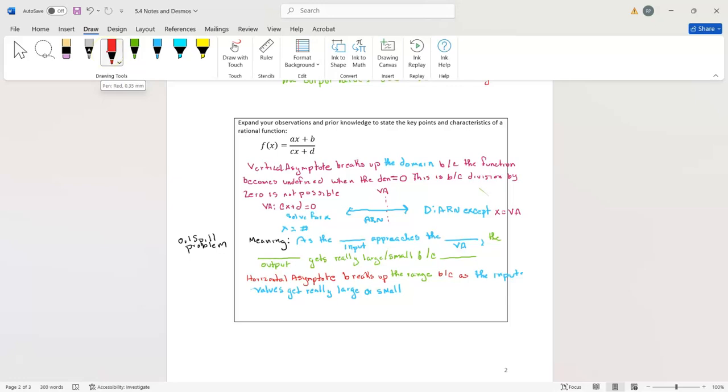So the input value goes really, really large or small, and the output values either increase or decrease to get closer to the constant rate of change of the numerator divided by the constant rate of change of the denominator.